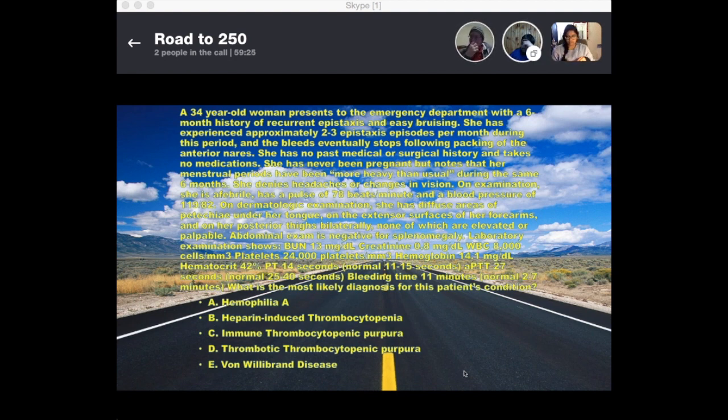It's an autoimmune disorder where the body thinks that the platelets are evil, so macrophages in the spleen eat them. Your platelets keep getting stuck in your spleen, being churned up and spit out, but it backs up, so you're going to have splenomegaly. Also, ITP typically will present early in life. This is a 34-year-old female.